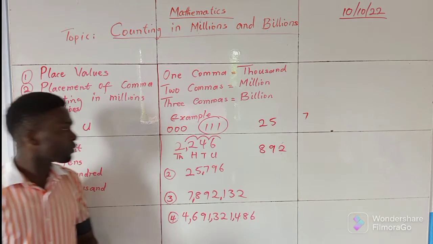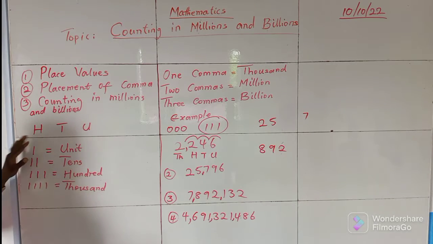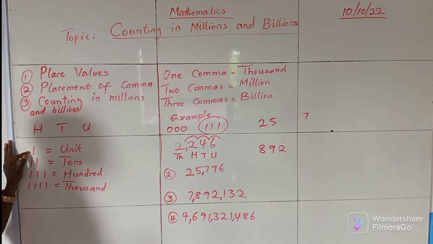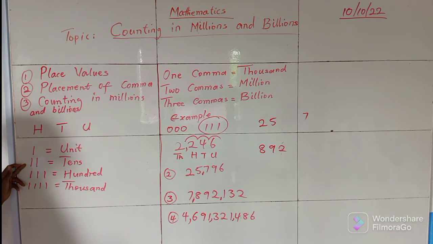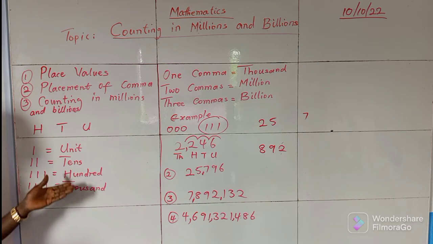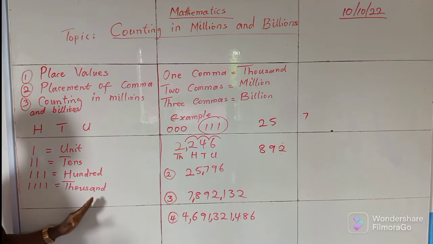Before I give you the assignments, I said where we have a single digit is what? Units. Where we have 2 digits is what? Tens. Where we have 3 digits is what? Hundred. And where we have 4 digits is 1,000.